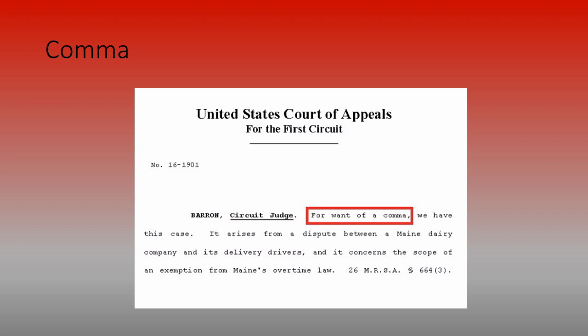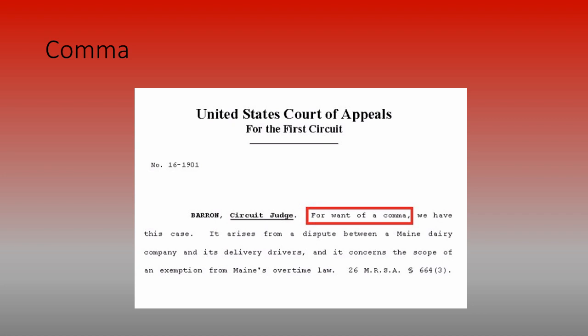And here was a case in the First Circuit Court of Appeals that hinged on a serial comma. Because they didn't have one, the workers won, I think it was $5 million. Yep, the dairy drivers. They'd asked for $10 million, but it looks like they settled for $5 million, and all because of a comma.